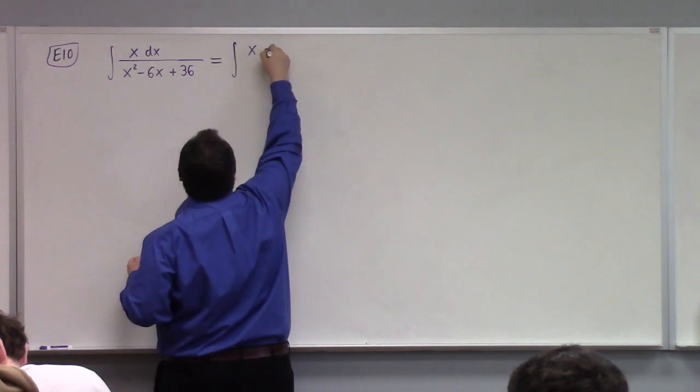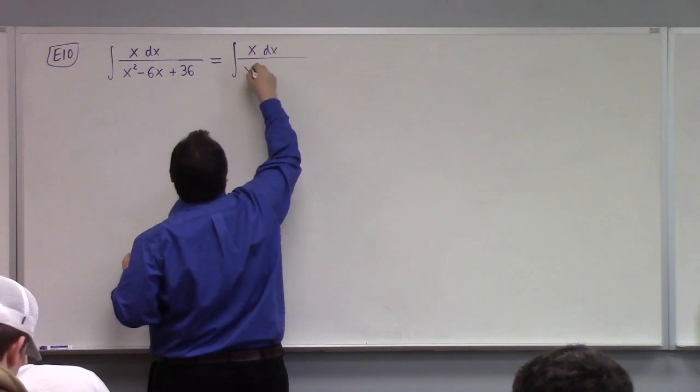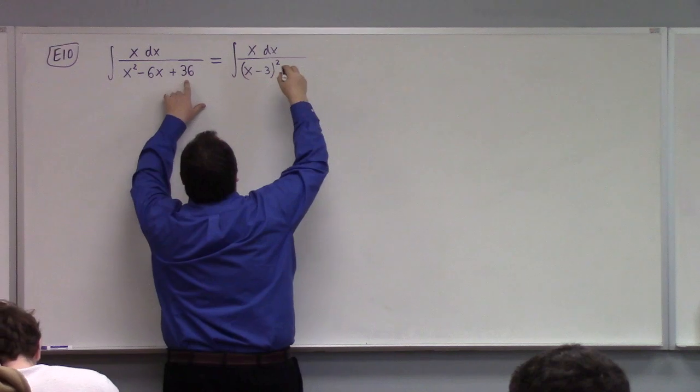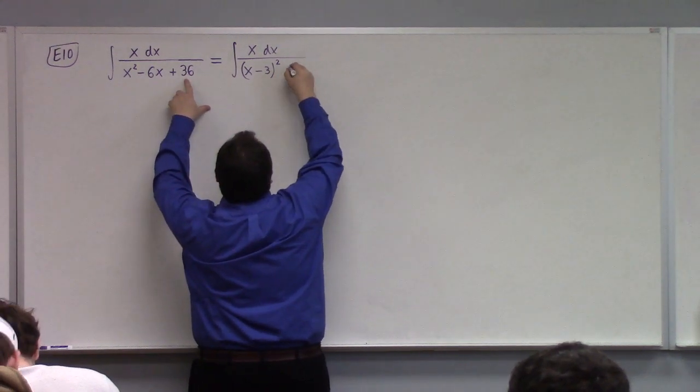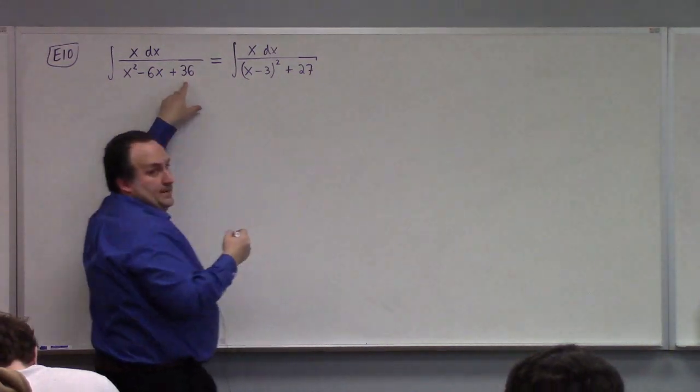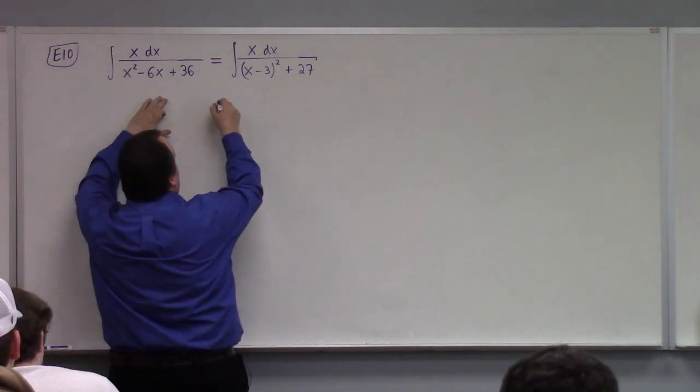Integral of x dx. Complete the square downstairs. I have x minus 3 quantity squared. I take away 9, but I've got 36 here, so plus 27. All right? And then I'm going to do something rather sneaky.